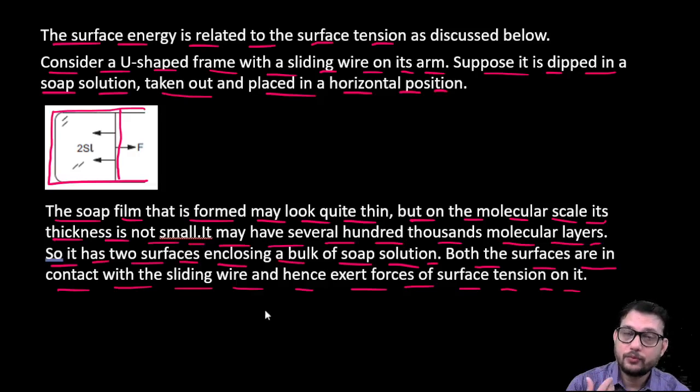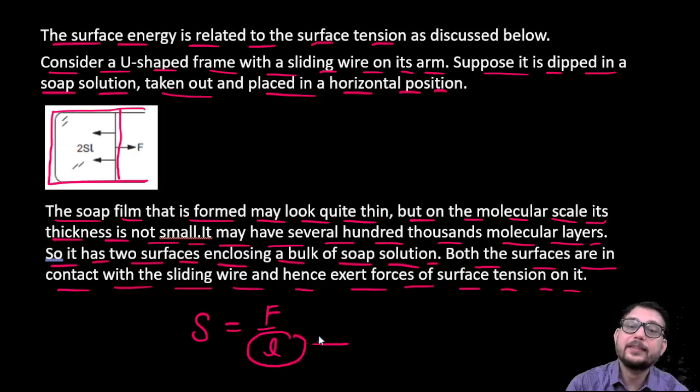Because I have told you that surface tension S is force per unit length, and if the length is twice, meaning there are two layers, then definitely the force will be affected, because F will be S into 2L.